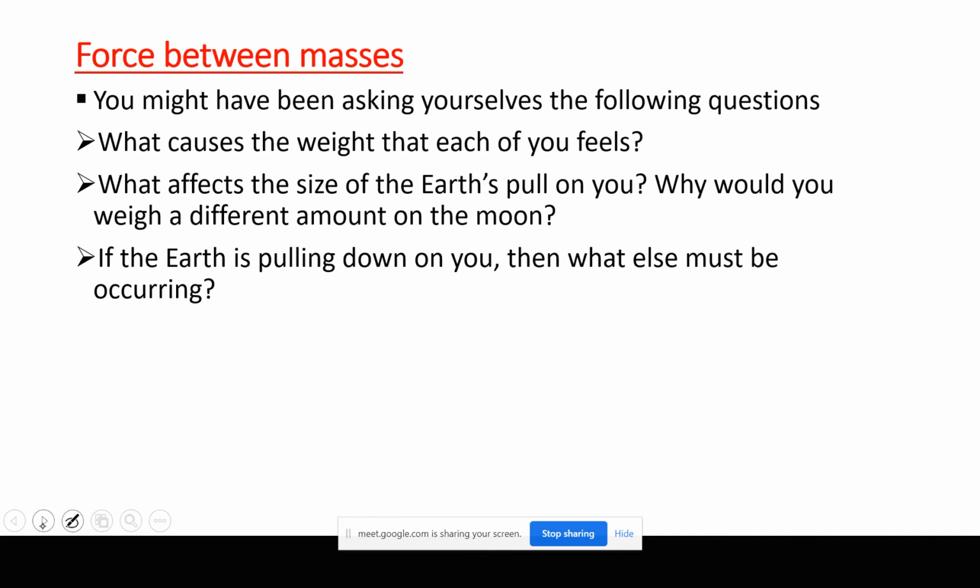By Newton's third law, you must also be pulling on the earth with a force equal to your weight. So if you are standing on the earth's surface, the earth is pulling on you towards its center.